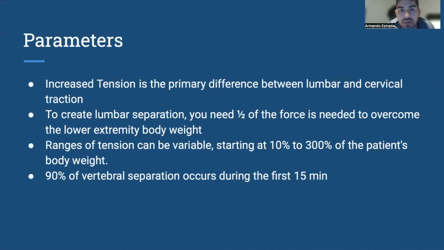To create the lumbar separation, you would need half the force of the body weight to apply proper traction. For example, if the lower extremity weighed 100 pounds, you'd probably need at least half of that, so 50 pounds, to provide some sort of traction onto the lumbar spine.